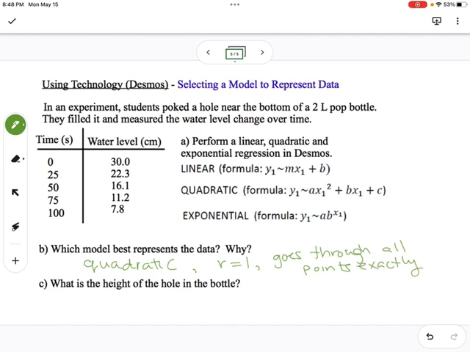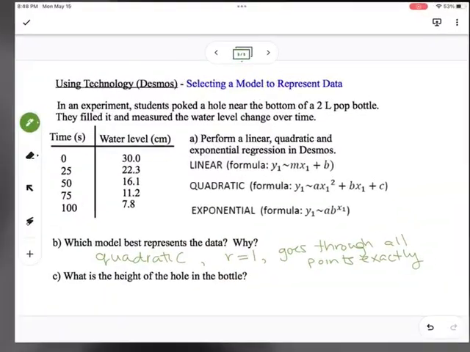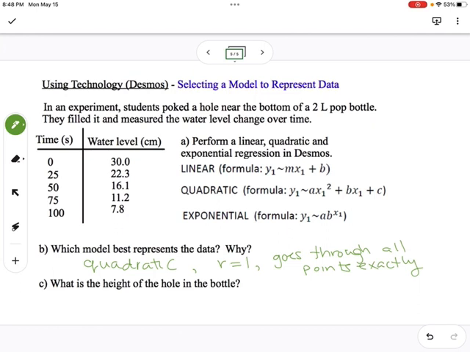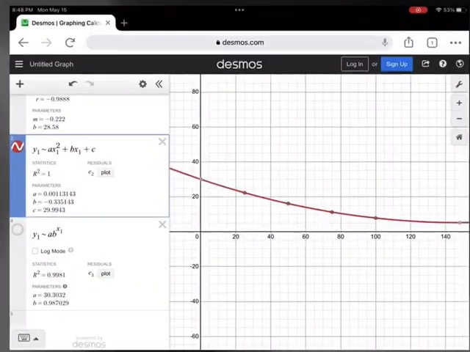Now it's going to ask us, what is the height of the hole in the bottle? So we need to look, and we're talking about water level here, and we want to know where it's going to stop draining basically. So as low as we can get, the minimum value.